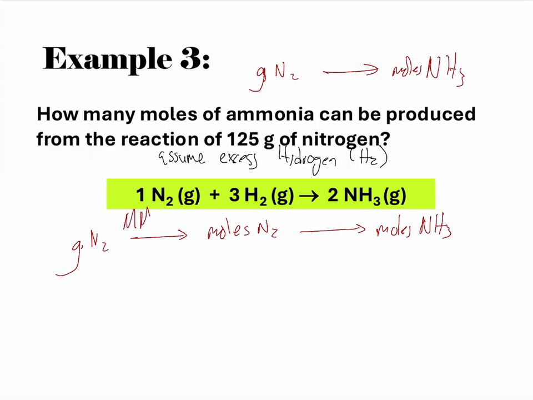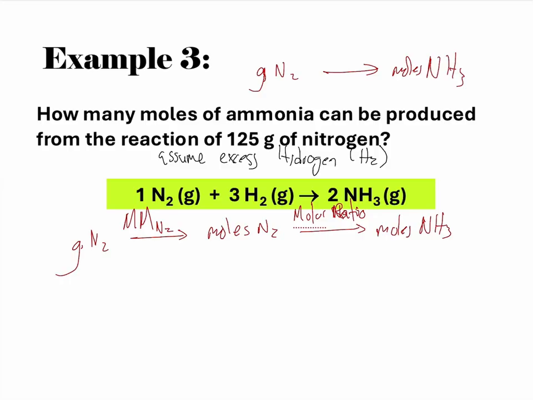The molar mass of what? Nitrogen gas, right? And then how do we get from moles of nitrogen gas to moles of ammonia? What do we use? Molar ratio, right? Which we get from the coefficients of our balanced chemical equation.